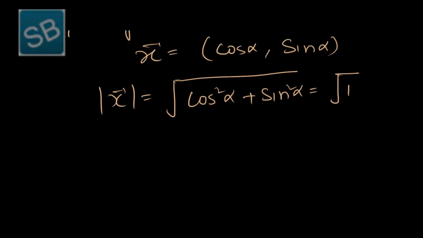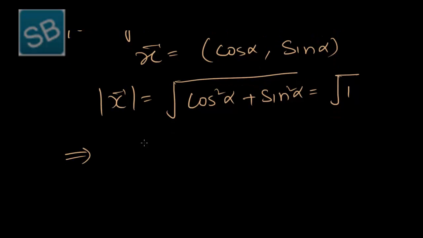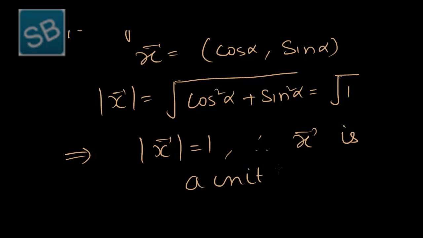As the modulus value is always positive, the magnitude of x is 1. Therefore vector x is a unit vector. So if the magnitude of any vector is 1, then it represents a unit vector.